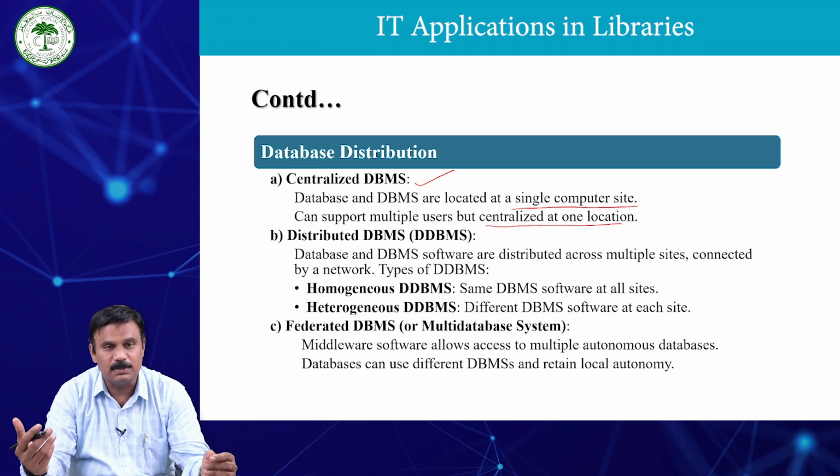Another type of distributed database management system is the heterogeneous database management system, which has different database management system software for each site. The first one, homogeneous, has one software for all sites. Heterogeneous has different software for each site.